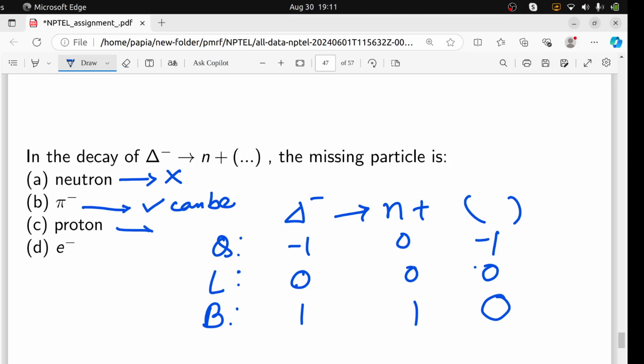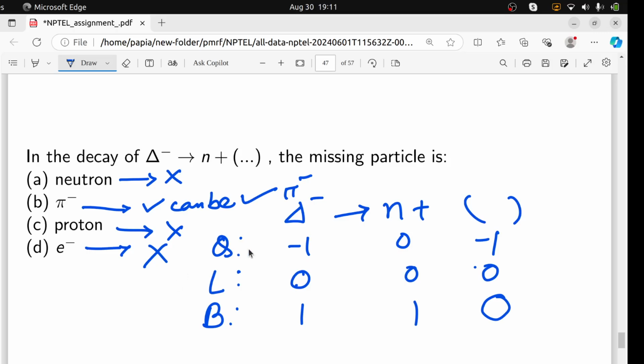Now coming to proton, it has plus 1 charge. They are saying it is minus 1 charge, so it is not correct. E minus has minus 1 charge, that is fine. But for the lepton case, electron is a lepton, so it is also not the correct one. So the correct one is pi minus. Okay, is it understandable?